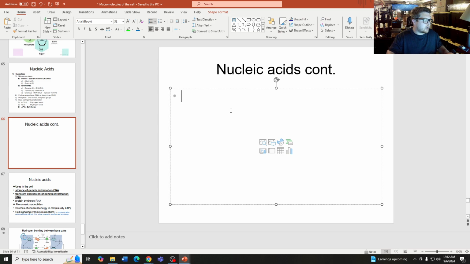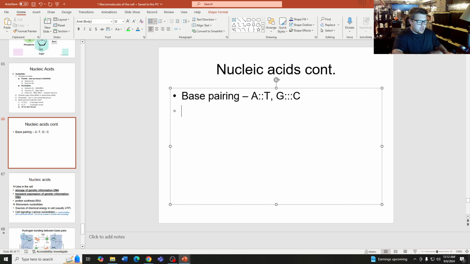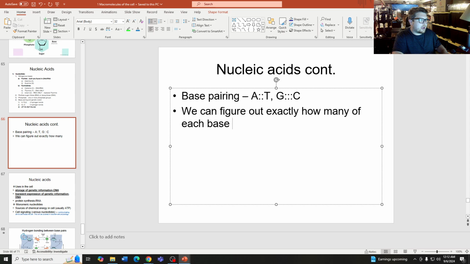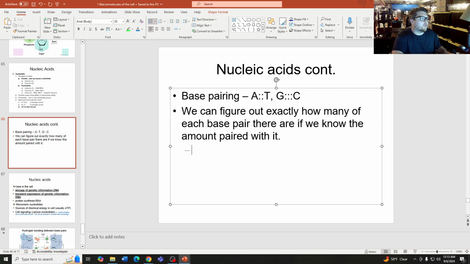With nucleic acids, when we talk about base pairing, ATGC, we can figure out exactly how many of each base pair there are if we know the amount paired with it.